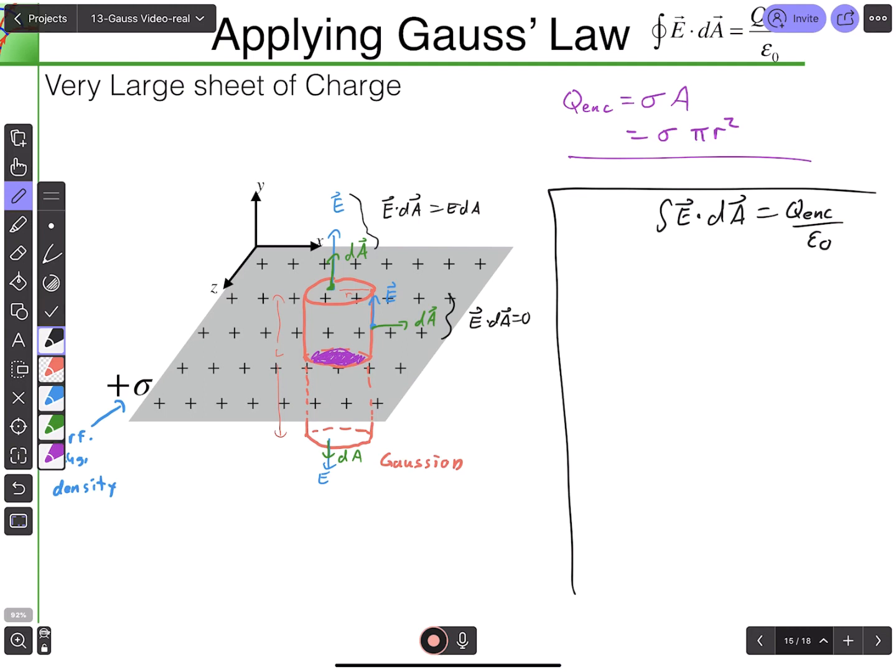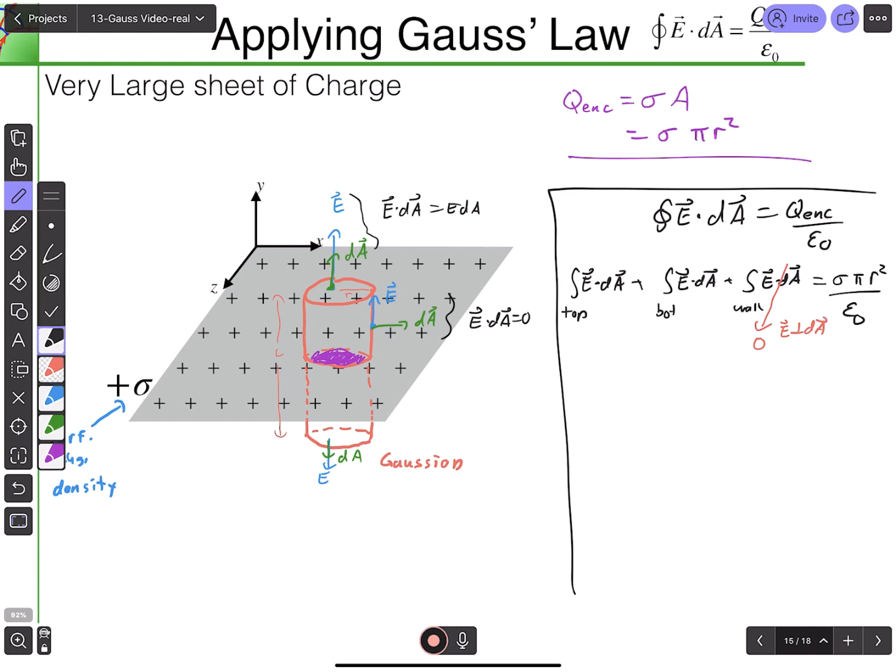It's going to be the integral of E dot dA for the top plus the integral of E dot dA for the bottom plus the integral of E dot dA for the wall is equal to Q enclosed, which is sigma pi r squared over epsilon naught. And as we saw in this case for the wall, E and dA are perpendicular. So here, because they're perpendicular, the wall goes away.